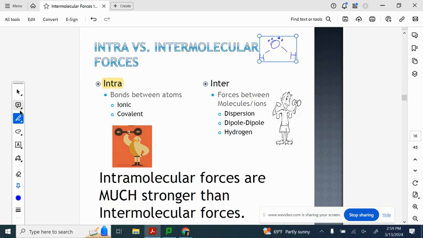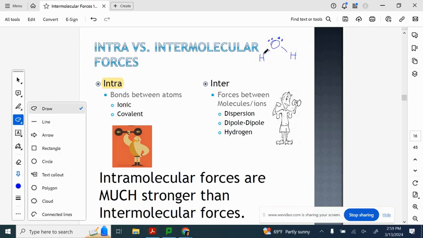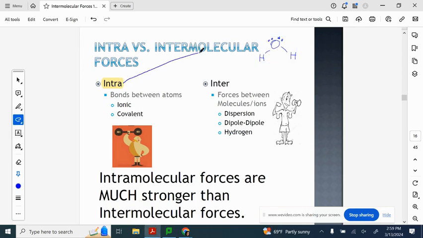It doesn't work for that. Okay, these are intramolecular forces here. Notice that I've drawn them with a solid line indicating strength. Okay, because they are stronger than intermolecular forces.